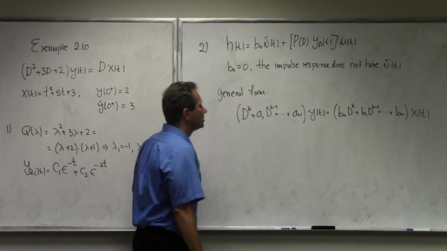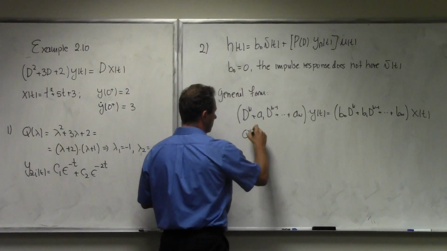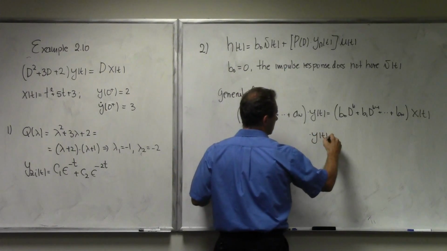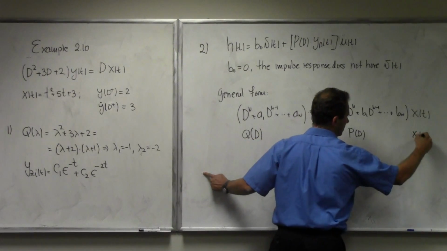So this is Q of D operating on y of t, and this is P of D operating on x of t.